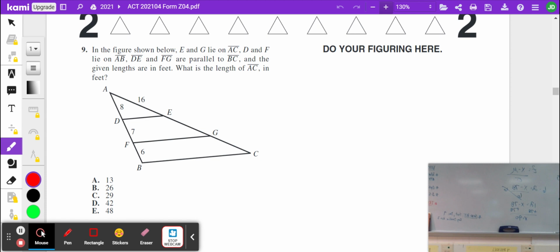Equilateral, all 3 sides are equal. Isosceles means 2 sides are equal. So do I have an isosceles triangle? Yes, that right triangle looks isosceles. We're going to go with it. Do I have a right triangle? Yes. So do I have a scalene triangle? What does scalene mean? No sides are equal. Do I have one of those? No. So the answer is E.